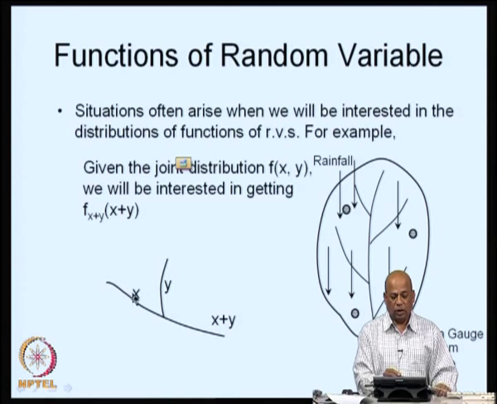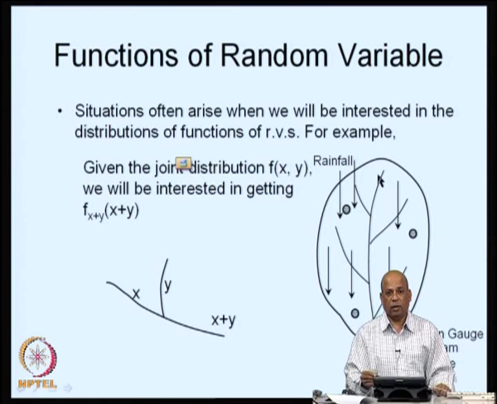The stream flow here is denoted by the random variable x, and the stream flow here is denoted by the random variable y. And we may be interested in the distribution of x plus y, which is the combined stream flow that is coming downstream of this location. So, if you know the density of x and the density of y, how do we determine the density of x plus y? That is the question here.